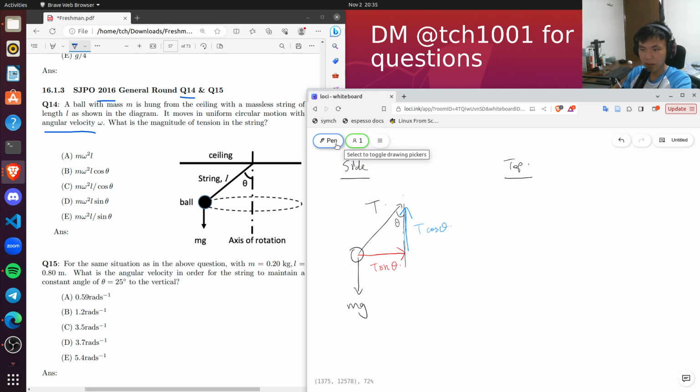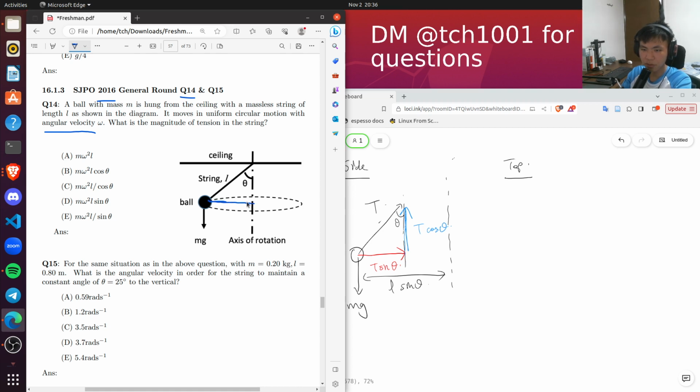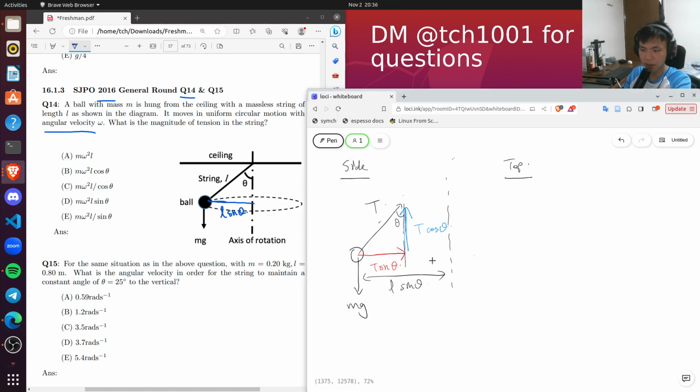Another thing I'm going to label is the axis of rotation here, and we know that the length over here is L sine theta. As seen in the diagram, if the length of the string is L, then the distance to the axis of rotation is L sine theta. So we know there's a circular motion about the axis of rotation.